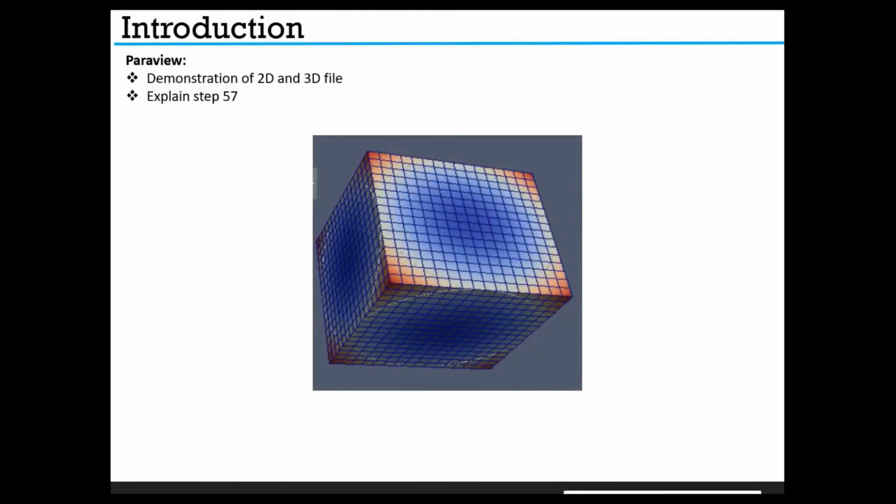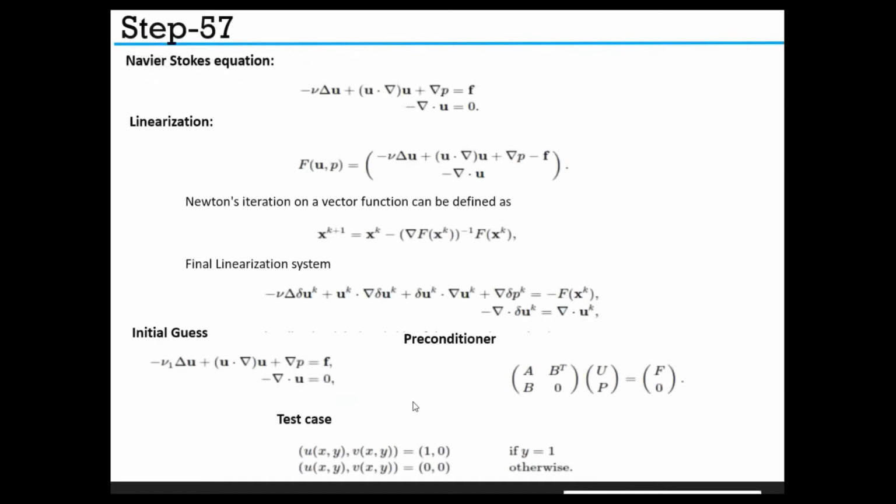Okay, first of all I will talk about the Navier Stokes equation in step 57. Well, in the documentation we can get the explanation here, but I will briefly explain it.